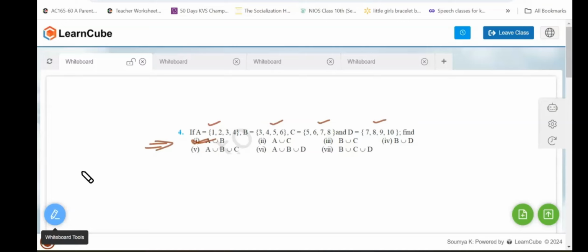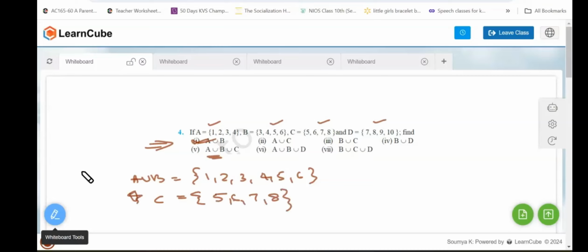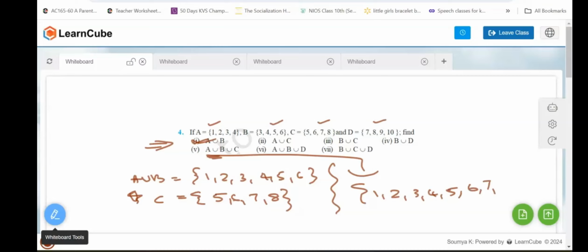Next one is A union B union C. So already you have done A union B, which is 1, 2, 3, 4, 5, 6. This is A union B, and now you have to find union C. That means 5, 6, 7, 8 are the elements of C. So in that case, for this result it will be 1, 2, 3, 4, 5, 6, 7, 8.